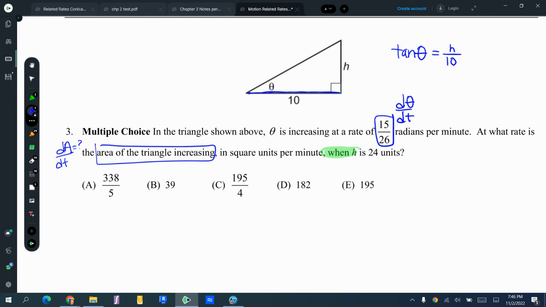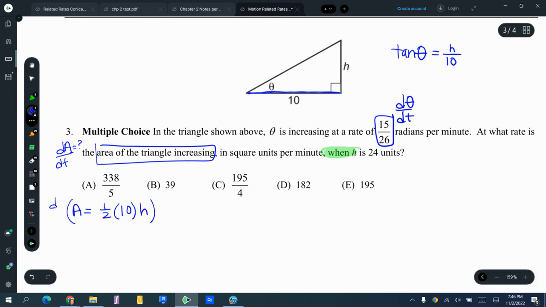And the problem with this is that's going to give me a d theta/dt, definitely, but it's certainly not going to give me anything having to do with the area. So we're going to be dealing with two equations in this case. So it doesn't matter which piece you work with first. I'm going to go ahead and write an area equation over here. Area is 1/2 your base, which is 10, times your height, which is h. H is changing.